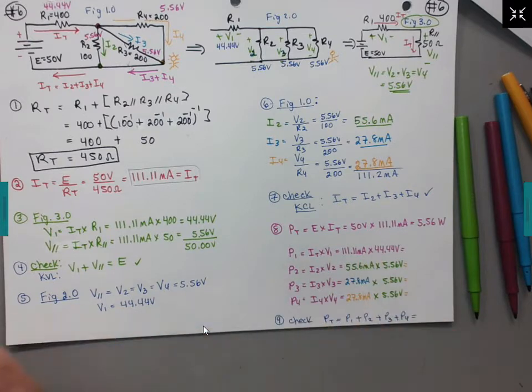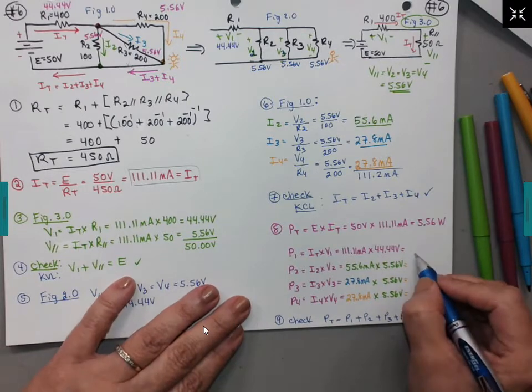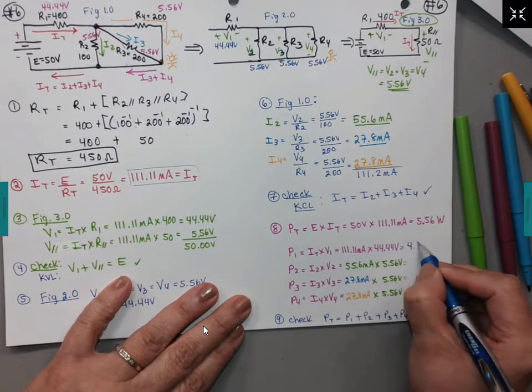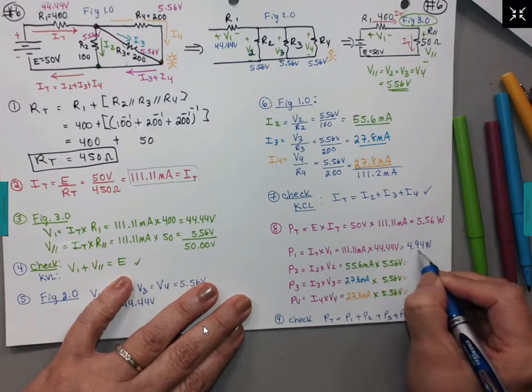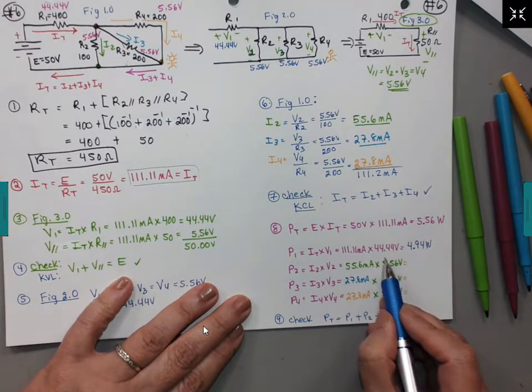Alrighty, so let's start looking at them and see what we get. 111.11 milli times 44.44. Wow, this is a big number. 4.94 watts. So the majority, look at that.